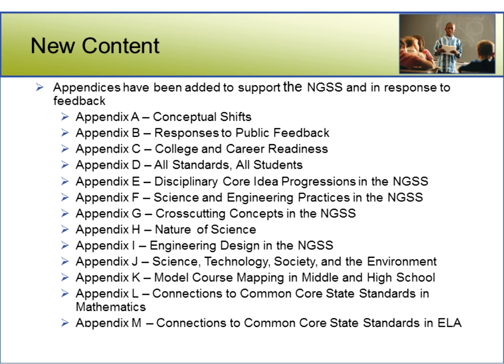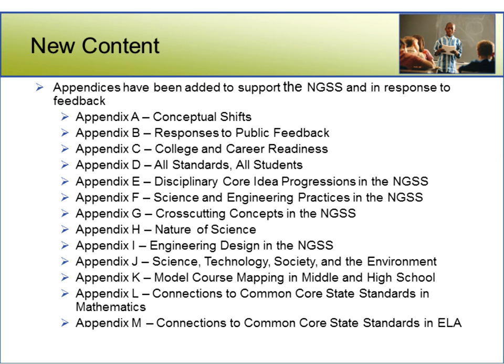Appendix K are model course maps. Those we released in January with the initial draft. They're going through revision now and should be out by the end of the month. As I'll mention again later, we are also going to be doing additional model course maps. Hopefully a lot of you saw Appendix L, which are the connections to the Common Core State Standards in Mathematics.